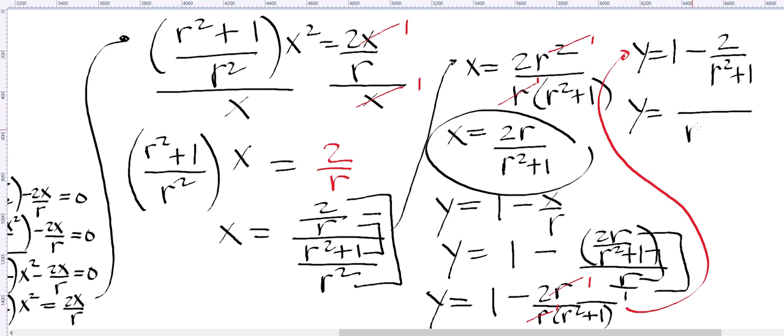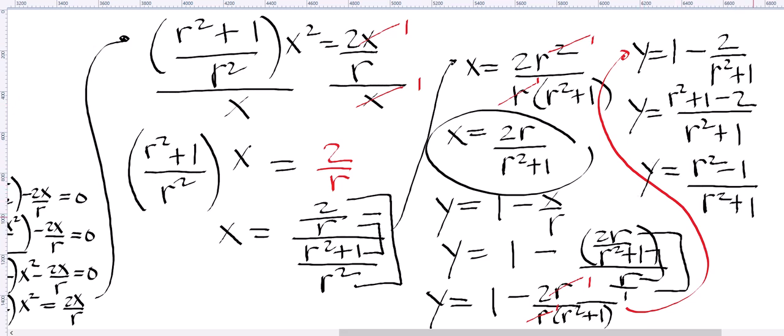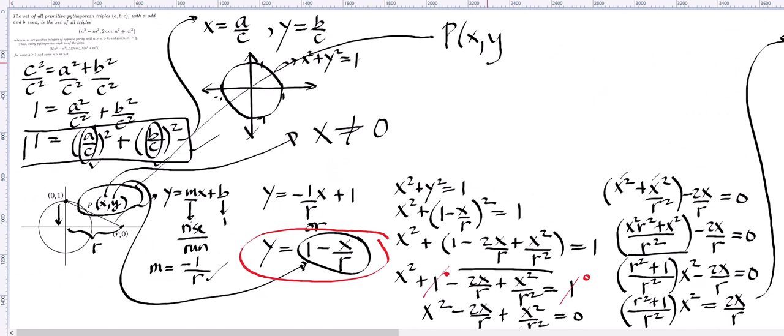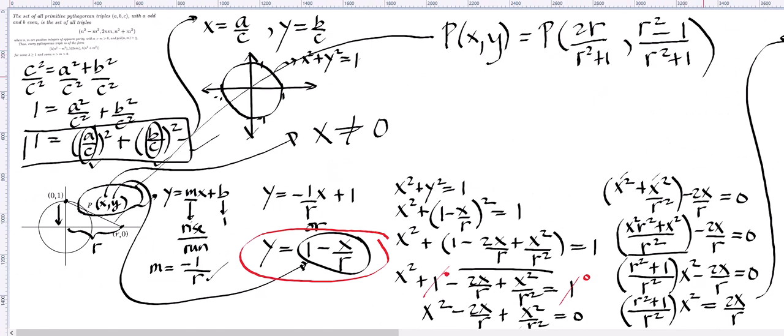And combining this into a single expression of the form a over b, we have y is equal to r squared minus 1 all over r squared plus 1. So going back, this point P here has coordinate x equal to 2r over r squared plus 1 and y equal to r squared minus 1 all over r squared plus 1.